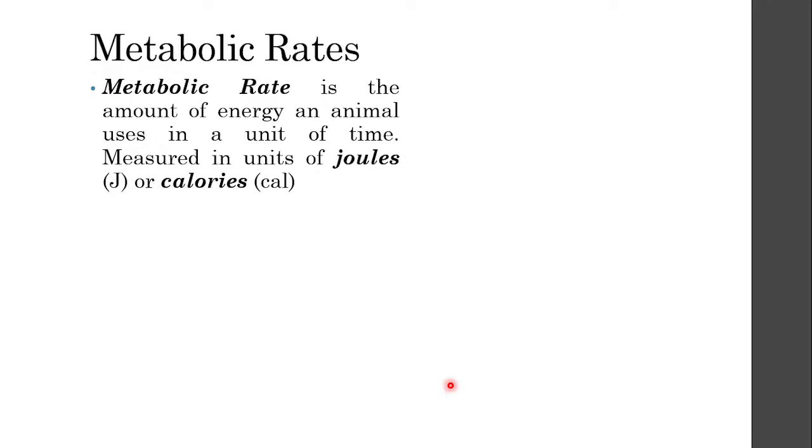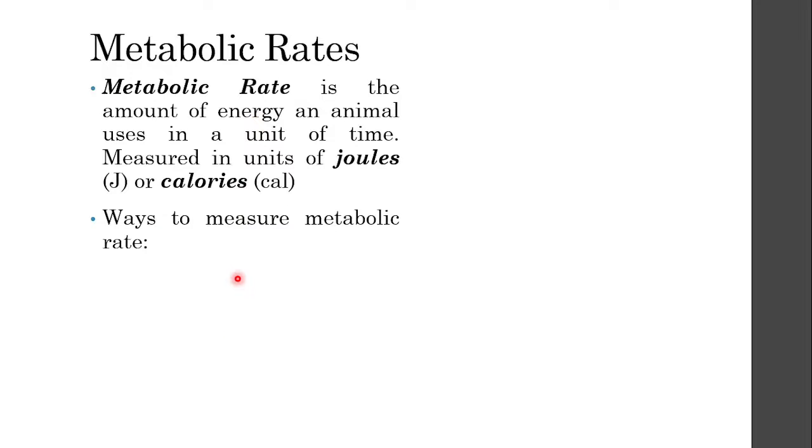Metabolic rate is dependent on a lot of factors, such as the activity, the size of the person, the food that you take, and the environment that you are in. So just remember that metabolic rate is just the amount of energy that you use over a period of time.